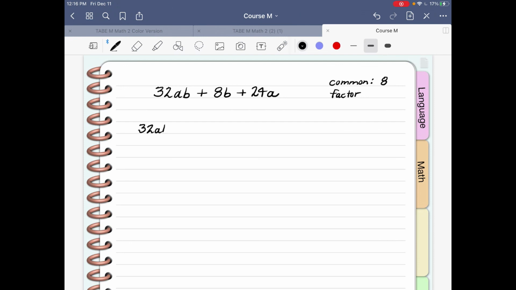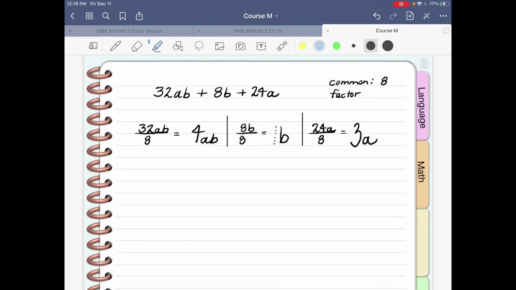I have 32ab divided by 8 is going to be 4, and then you keep your ab. Then 8b divided by 8 is going to be 1, and you keep your b. And then 24a divided by 8, 8 into 24, that's 3 times, and you keep your a.